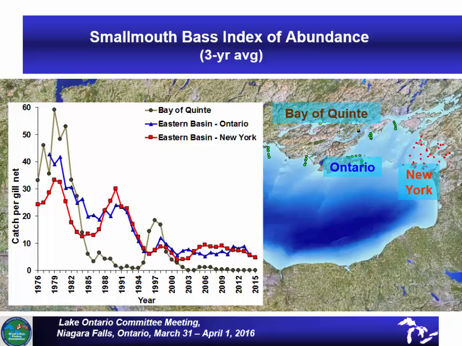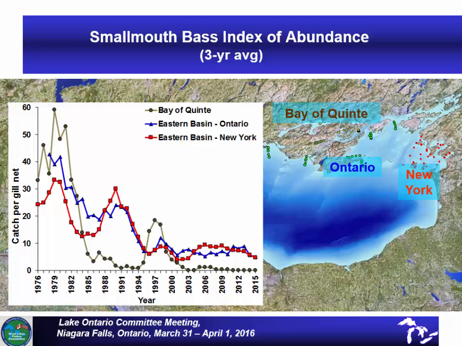In New York waters during the 90s, we had an increasing population of cormorants, which negatively affected the population. And for several years now, that has been reduced to the management targets for the cormorant population. And more recently, round gobies entering the system and cladophora. But we anticipate that the population will remain at this lower level.